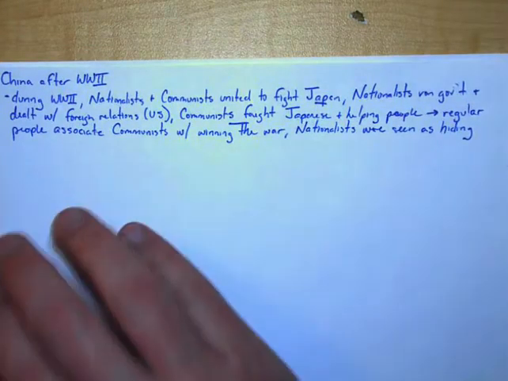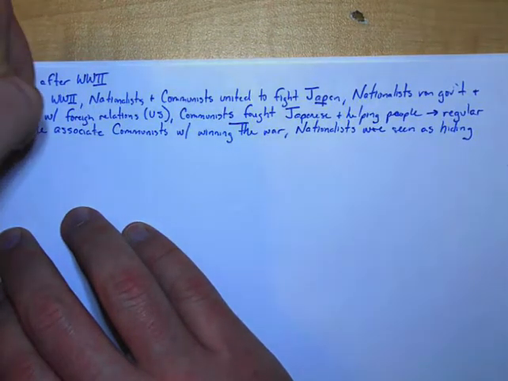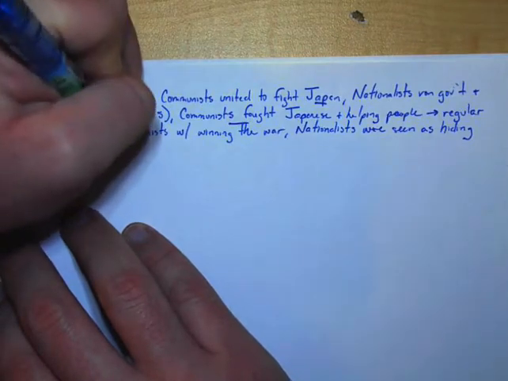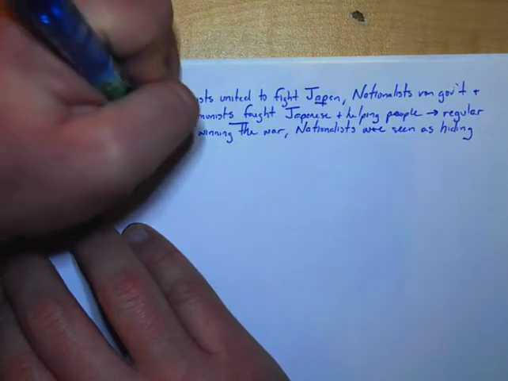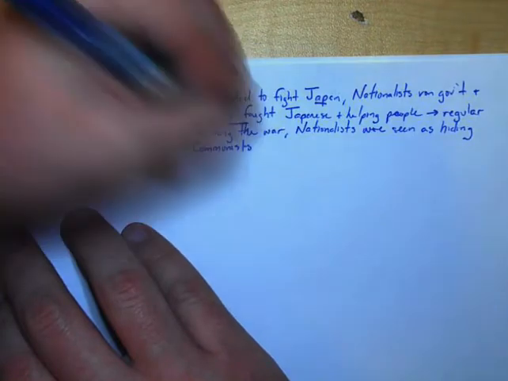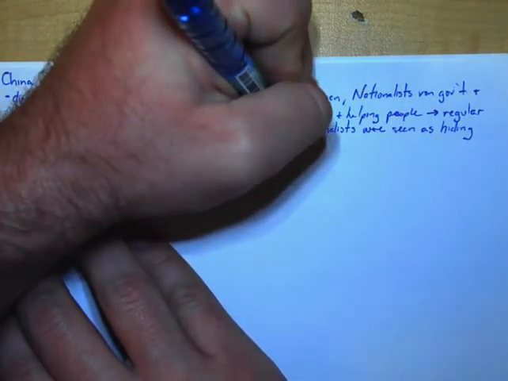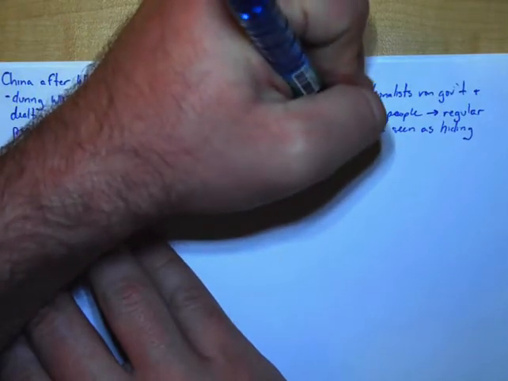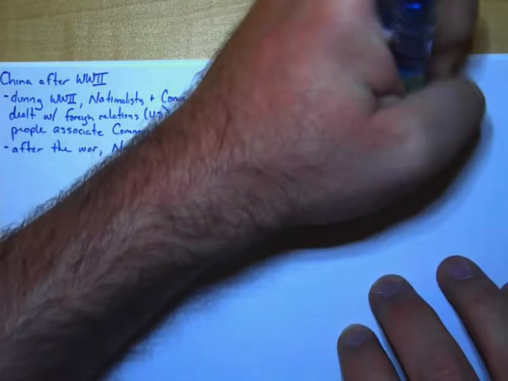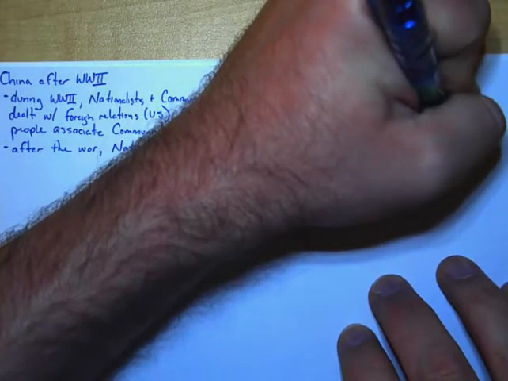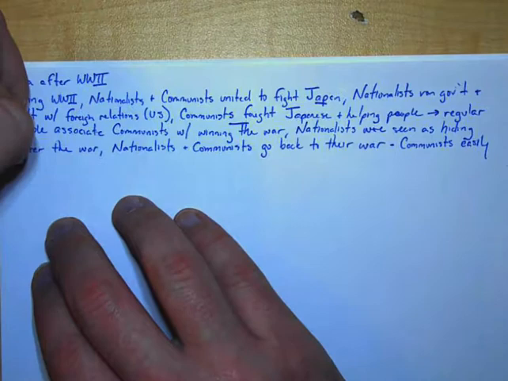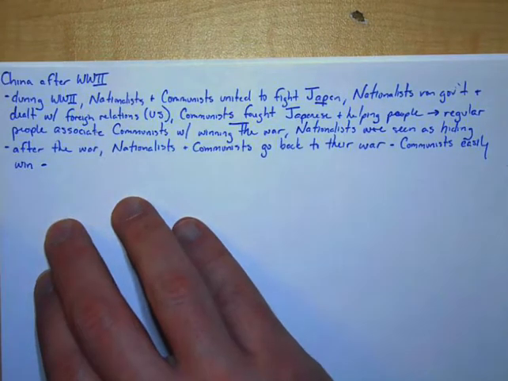So when the war was over, the nationalists and the communists go back to war. So they go back to their war, and the communists win pretty easily. That's for two reasons.